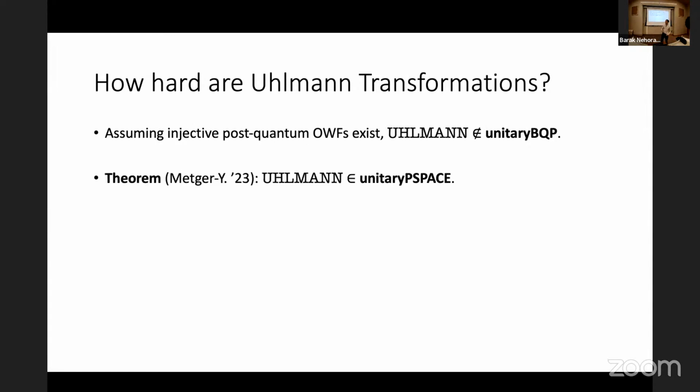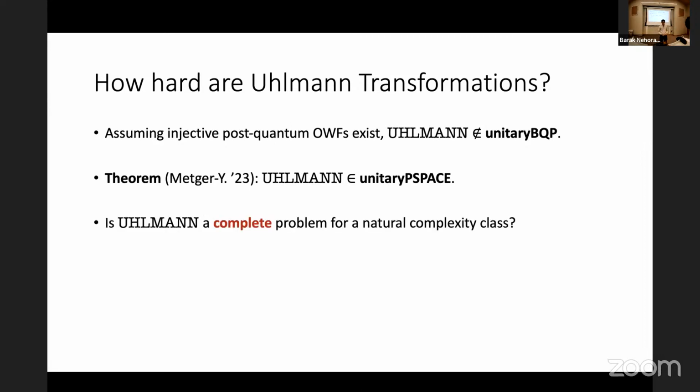What about some upper bounds? You can show that you can solve it using polynomial space. So there's a unitary PSPACE upper bound for this problem, so it's not arbitrarily difficult. Then you can ask, can we precisely pin down a natural complexity class for which the Uhlmann problem is complete?